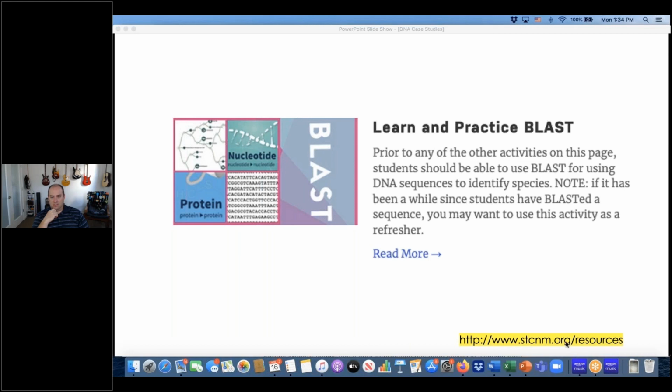And then you can just go /resources, and that's where all of these different DNA-based case studies are, these ones that I showed you. And then, like I said, the National Center for Case Study Teaching in Science has a whole bunch as well, if you just go onto their site and use bioinformatics as your search term.